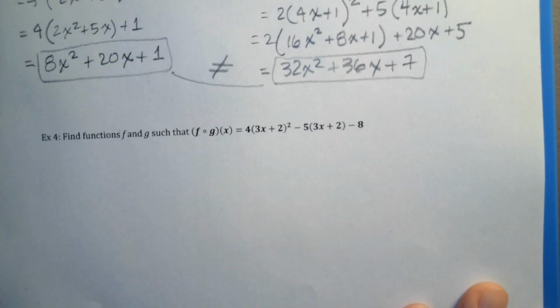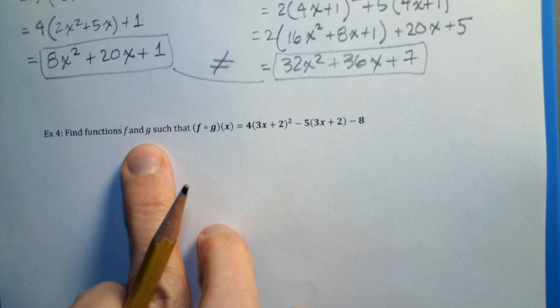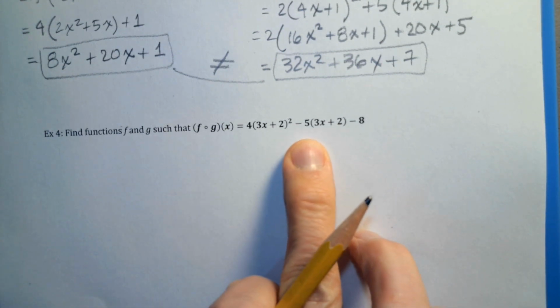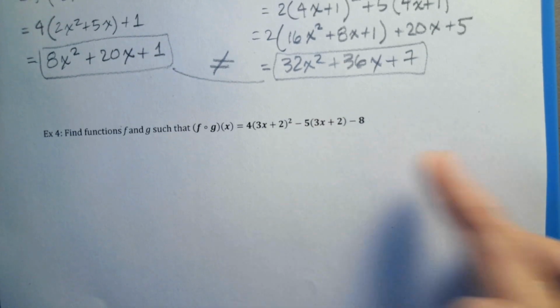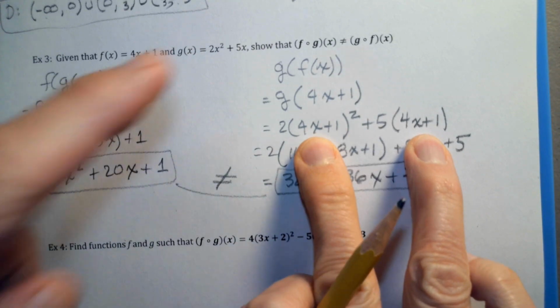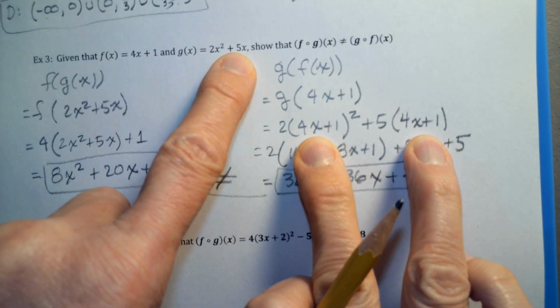All right, last example. Find a function f of x such that the composition of the function is this. So if you're thinking about before, see how we got one function plugged into the x value of another, right? We took this function, plugged it into this.